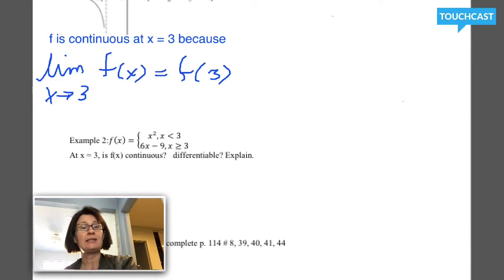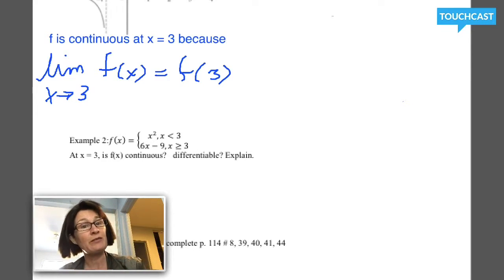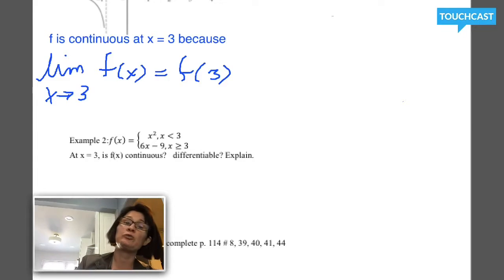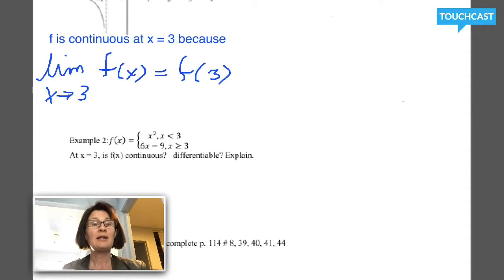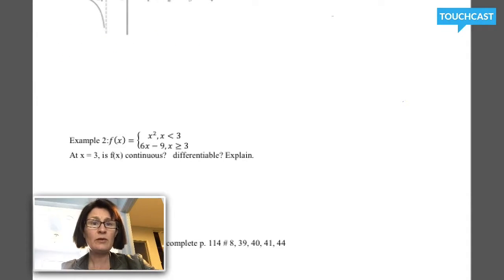I'm going to have to check the limit as x approaches 3 from the left of f of x minus f of 3 over x minus 3, which is another way of saying the derivative from the left. I'm going to check the derivative from the right, and check that they match. So let's do the easy one first.